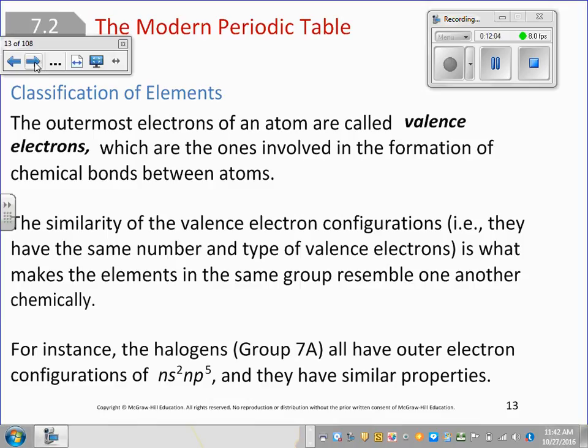When we get to Lewis dot structures, let's say drawing Lewis dot structures for tellurium, 52, reacting with iodine, 53, you don't have to write it all out. You know tellurium's in column 6, it's got 6 valence electrons. Iodine's in column 7, it's got 7 valence electrons, and you can start there. All the chemistry occurs with just the valence electrons. Everything else is there, but it doesn't have anything to do with the chemistry.